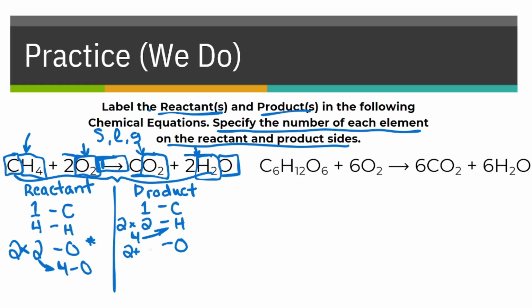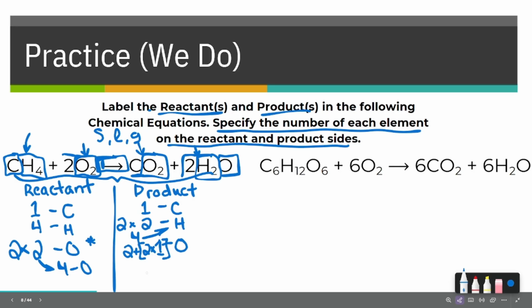I'm going to add this to the amount that I have within the water molecule times its coefficient. So in this case, it will be 2 times 1. Its total value in this case will be 4.